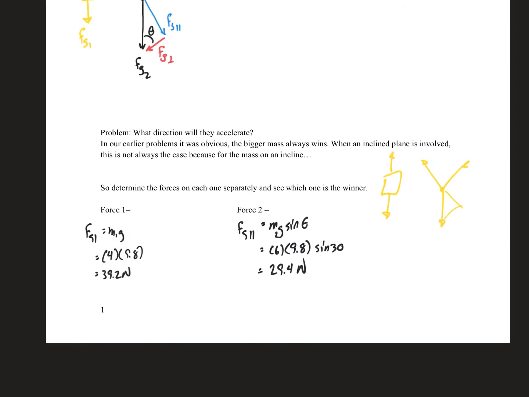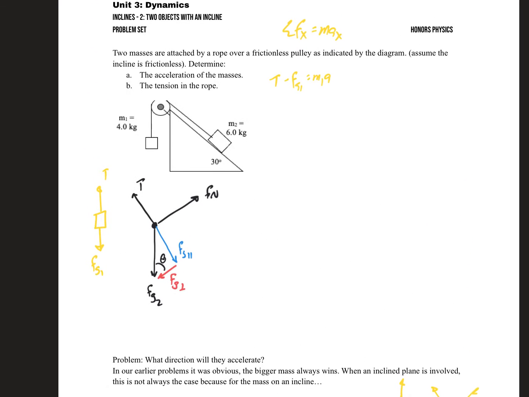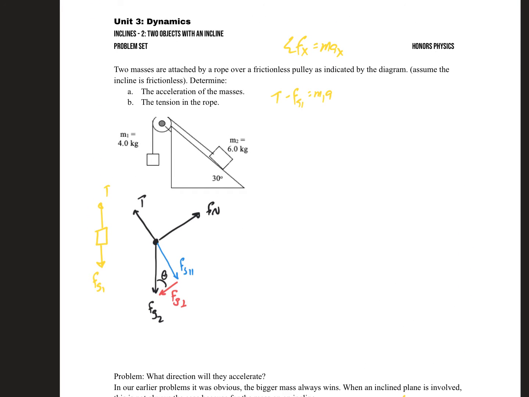So this downward force is greater than FG parallel going down the ramp. That tells us the acceleration goes that way: the object is sliding up the ramp and M1 is traveling downward.